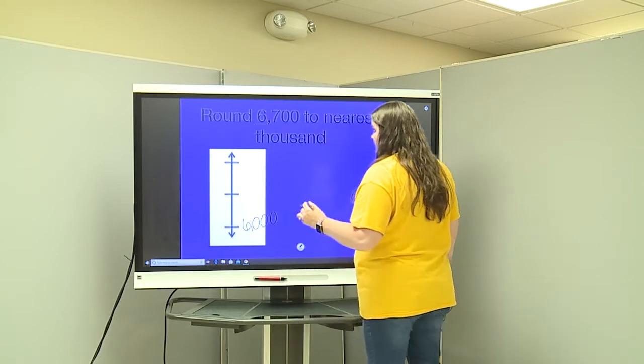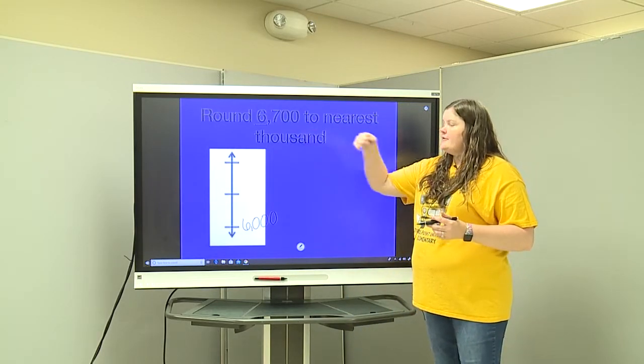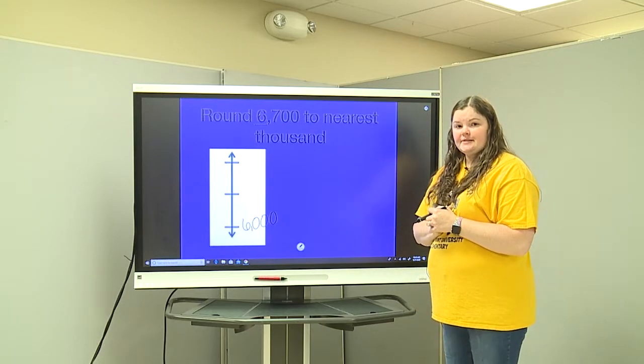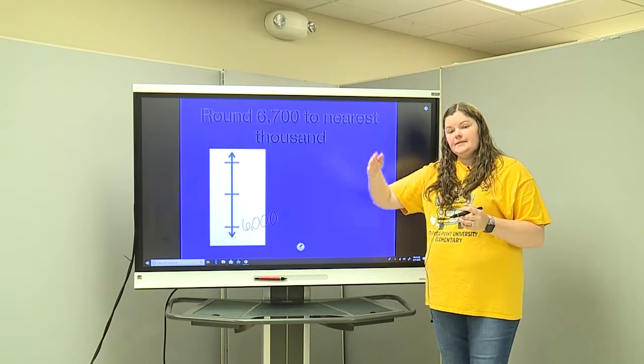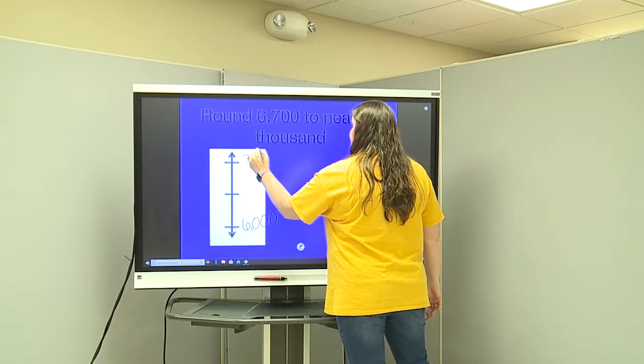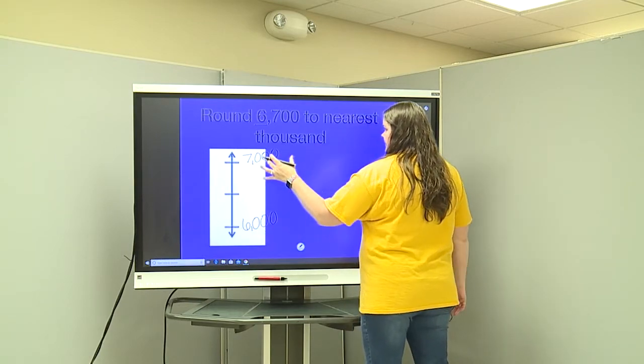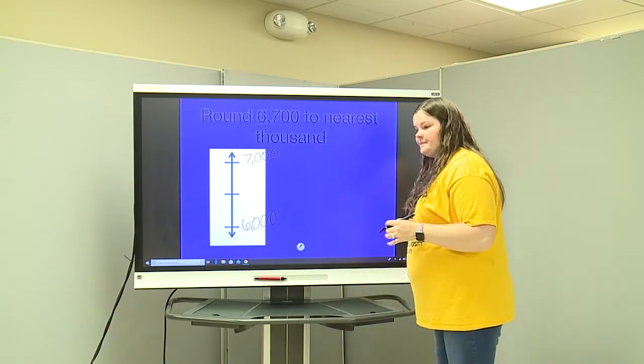I can't go any lower than 6,000. Now if my bottom end point is 6,000 and I need to go up 1,000, my top end point is 7,000. So I know that my number falls in between 6,000 and 7,000.